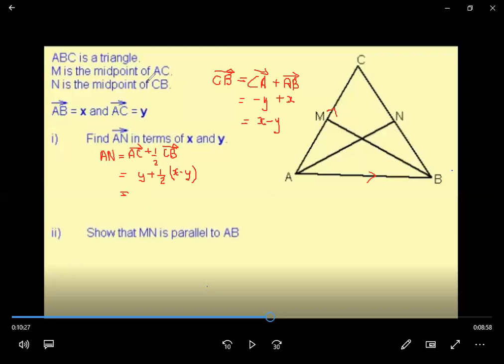Work that down and tell me what you get. That's what you get, half X plus half Y. Half X plus half Y.